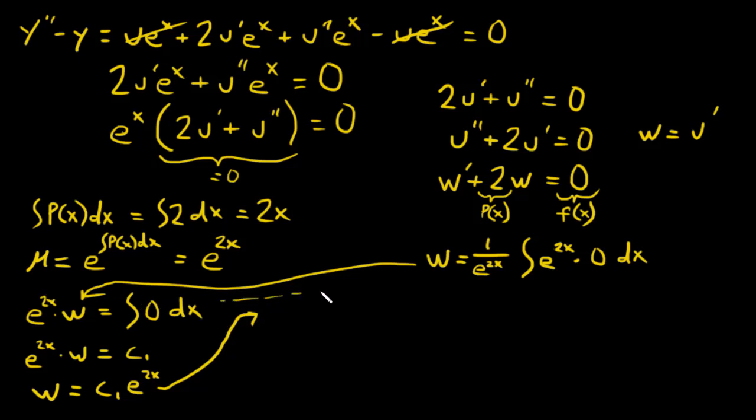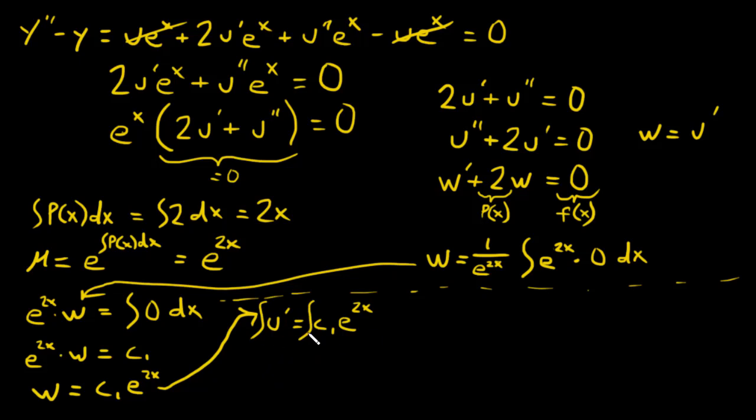Instead of w, I'm now going to rewrite it as u'. So u' is equal to c1 e to the 2x. Now that I've got it in this form, I can take the integral of both sides.